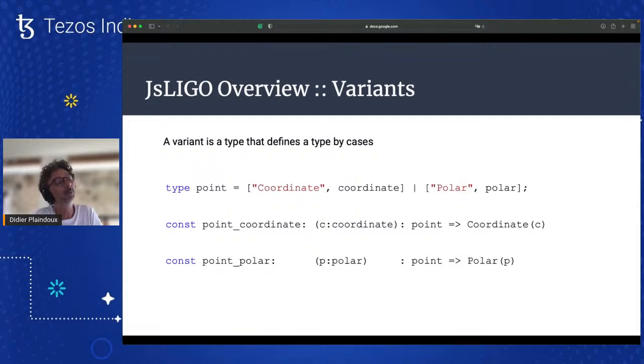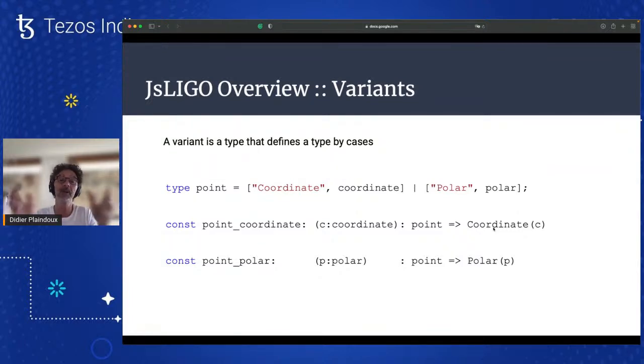And if we want to provide a point, we just have to call the function, which is coordinate, applied to C. And here coordinate is what we call a constructor. And for the same polar, we can create a point, which is a polar representation, thanks to the polar constructor.